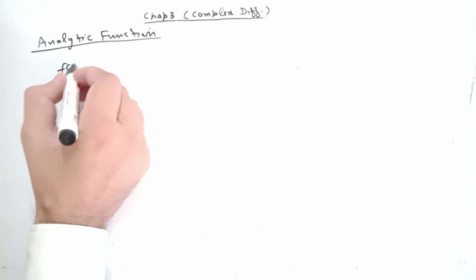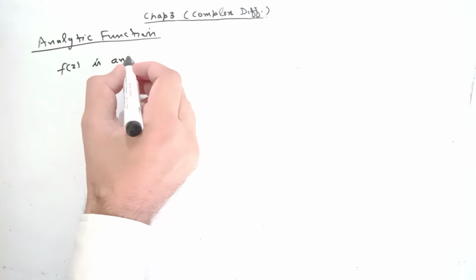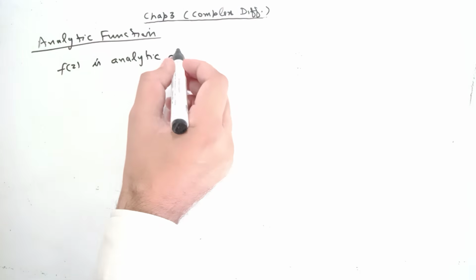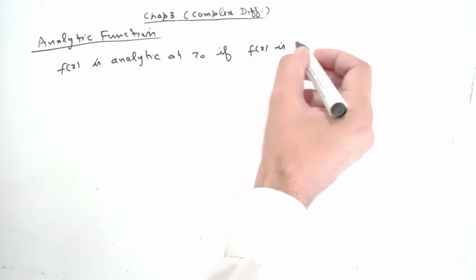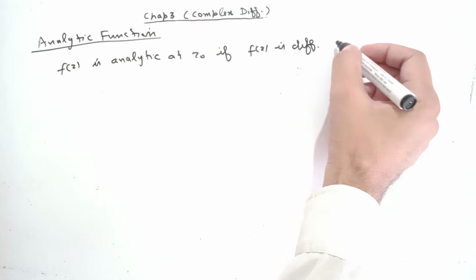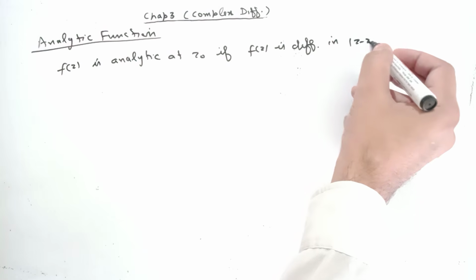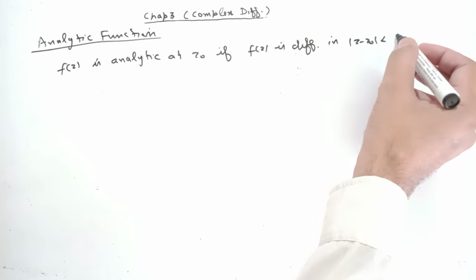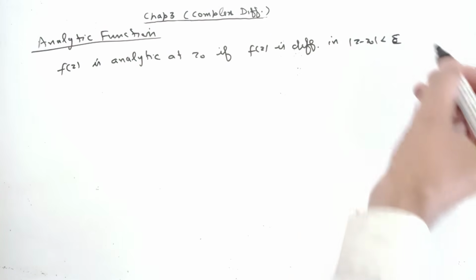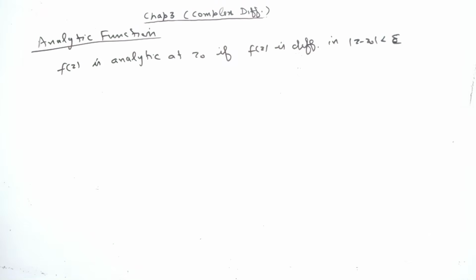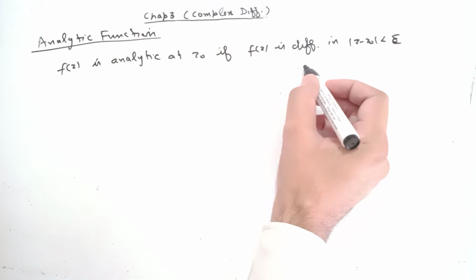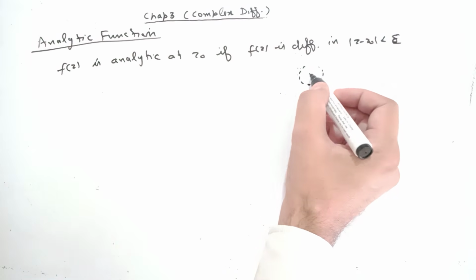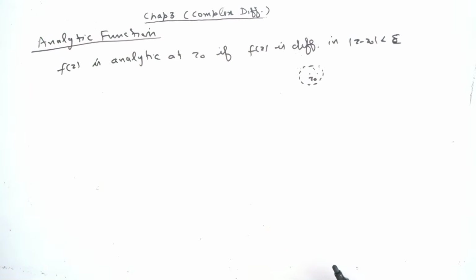A function f(z) is said to be analytic at z0 if f(z) is differentiable in some neighborhood of z0, say mod z minus z0 less than delta or epsilon. f(z) is analytic at z0 if f(z) is differentiable in some neighborhood of z0. Neighborhood means at all points in this neighborhood the function should be differentiable.